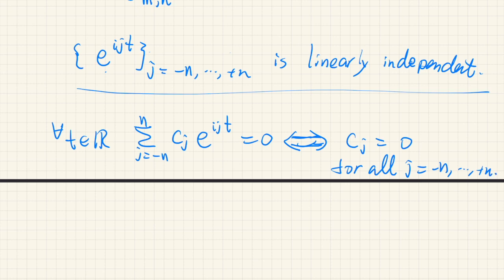So let's prove this. Actually, this direction is obvious because if all the coefficients are 0, of course the linear combination is 0, right? So we only prove this direction.